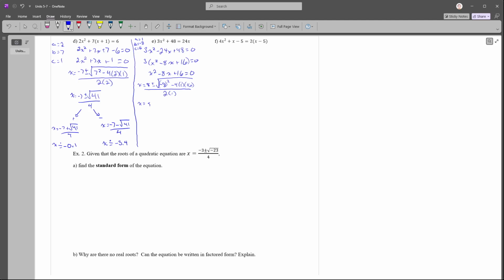X is equal to 8 plus or minus the square root of 64 minus 64. And in this case, we have a 2 underneath. Whoa, 64 minus 64. Interesting. X is equal to negative 8 plus or minus the square root of 0 over 2. What does that actually mean? That means x is just equal to negative 8 over 2. So x is just equal to negative 4.